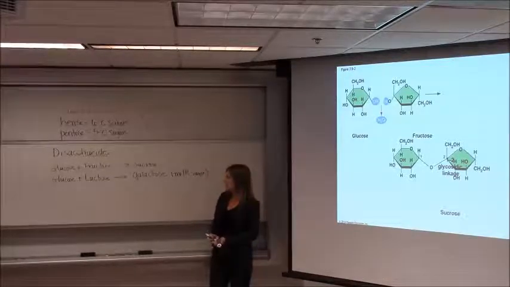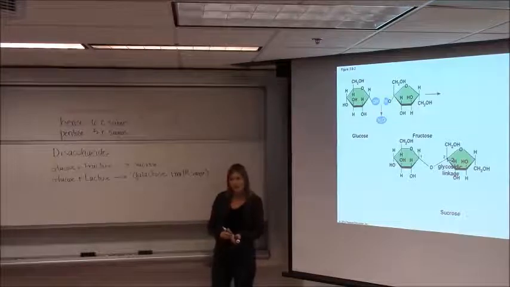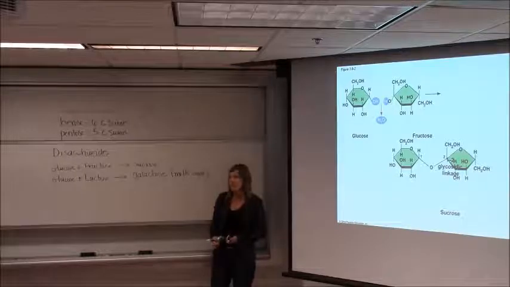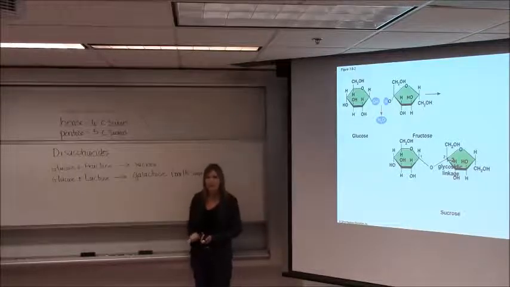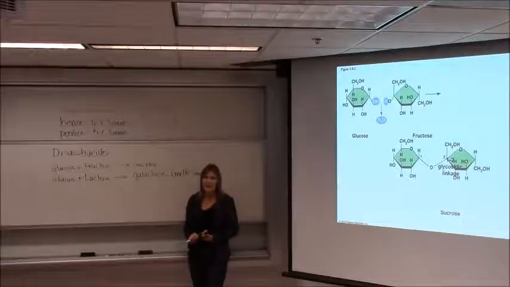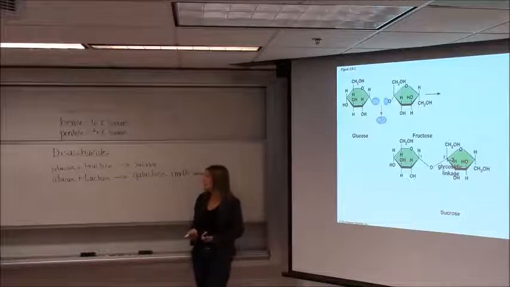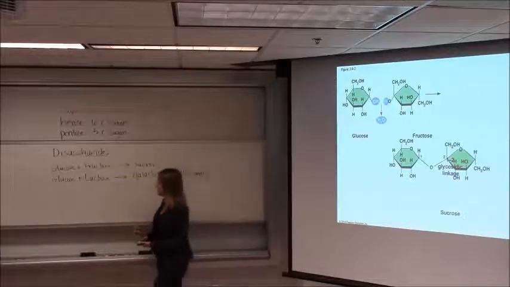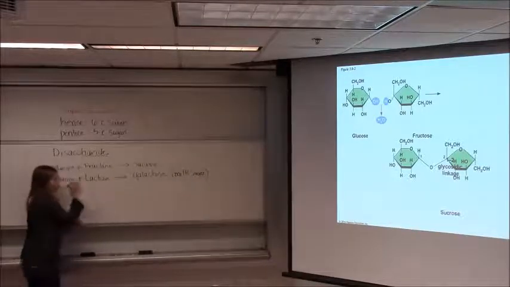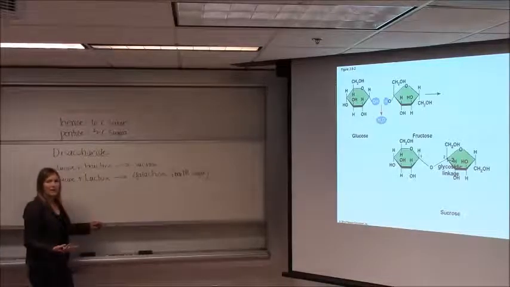If you're lactose intolerant, it means you don't have the enzymes to properly metabolize, to break down, hydrolyze lactose as an adult. And that's actually a normal condition. Genetically, some people have a mutation that allows them as adults to properly digest lactose.